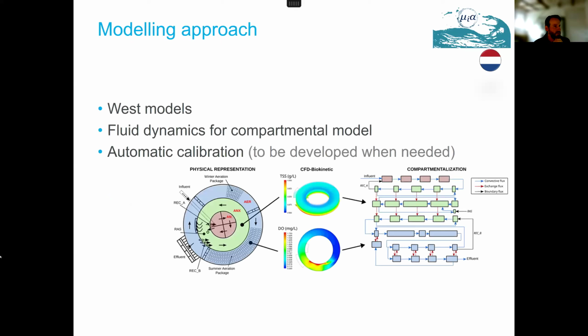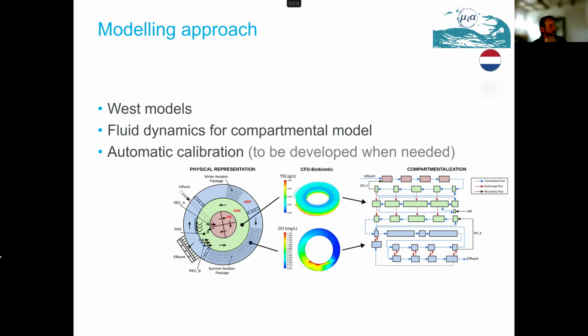We have quite a complicated plant, and this of course reflects in the modeling. We made a convertimization modeling, so not just tanks in series anymore, because we had some biokinetics in there where you can't use tanks in series.